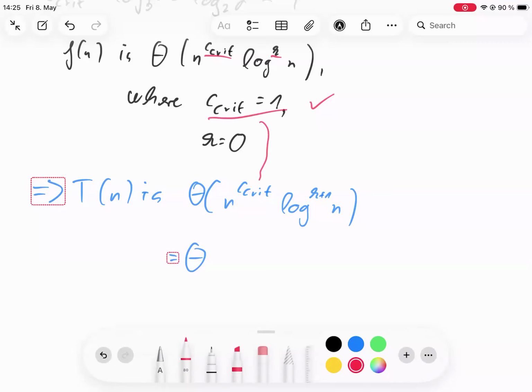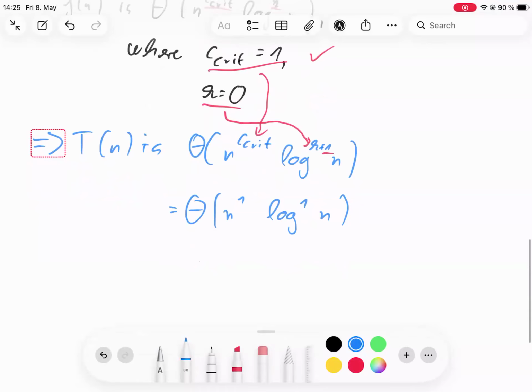So c critical is 1 and k is 0, that means here the solution would be n to the power of 1 times log n raised to the power of 1, because k is 0 but plus 1. And so we can say this is simply n times log n, which is the correct solution, because when we manually solved this recurrence relation before, we also saw the solution is n log n.